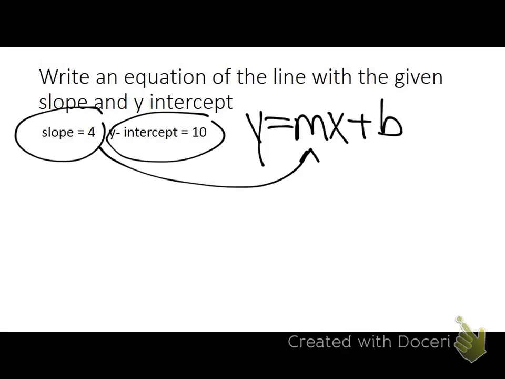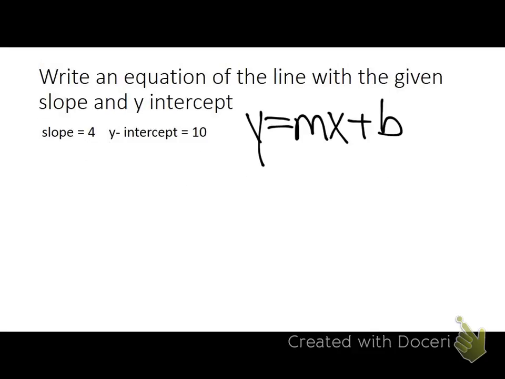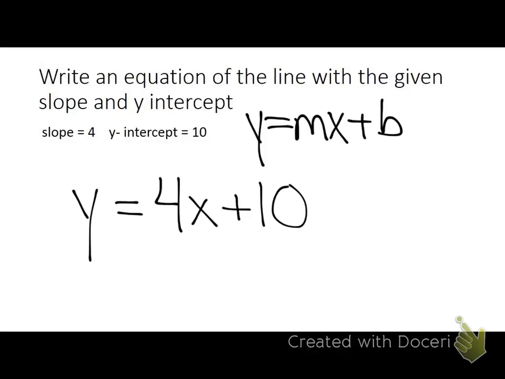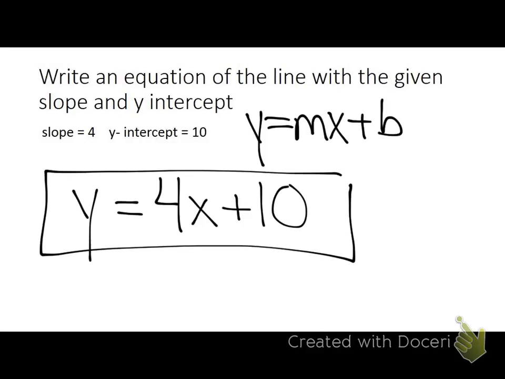If you know y-intercept, plug it in for b. All right, so what is it going to give you? Y equals 4x plus 10. Do you guys remember now? Okay, so plug in slope and y-intercept for those values in function form, and that's your equation.